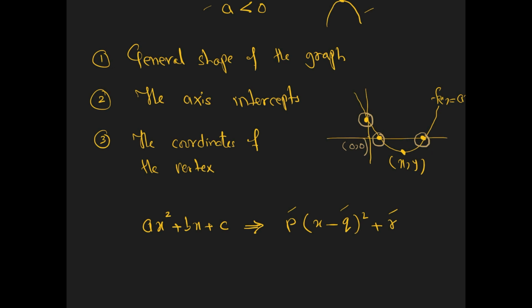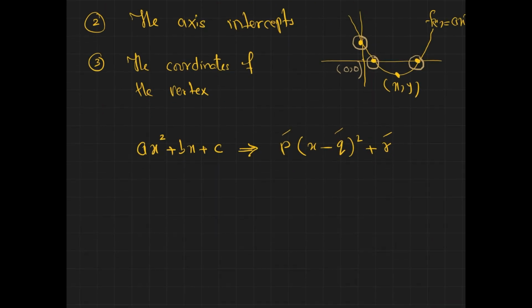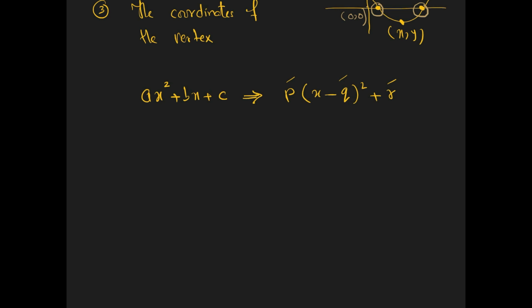Let us try to understand it by taking a simple example. Sketch the graph of y = 16x − 7 − 4x².